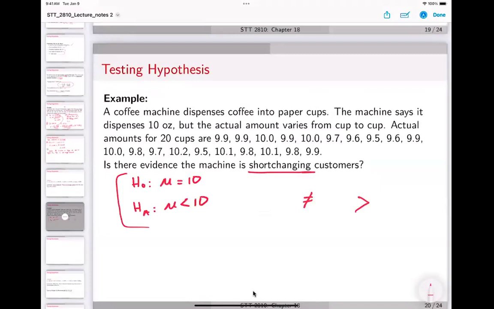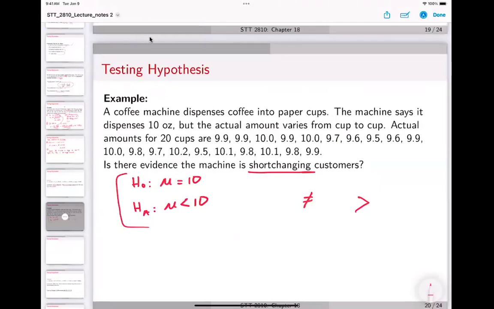Is that okay? And then you can see clearly here too that we do not have the population standard deviation. So that also gives you the idea that we are going to do t-test. So try to input this in StatCrunch, and then we can check everything in StatCrunch.